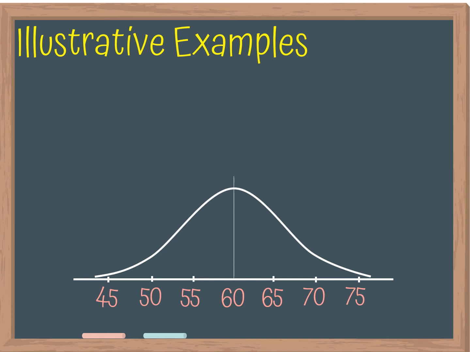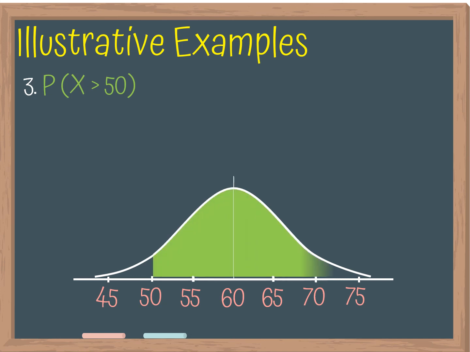Okay, so let us have the third example. For the third example, we have here the probability that x is greater than 50. Again, we have here one endpoint, which is 50. And then it says here, values greater than 50. So that will be from 50 all the way to the right side.